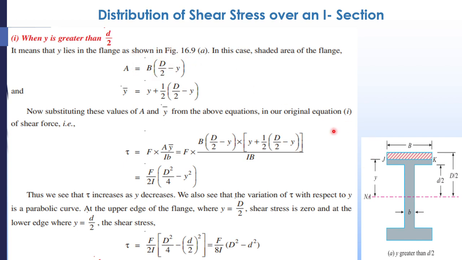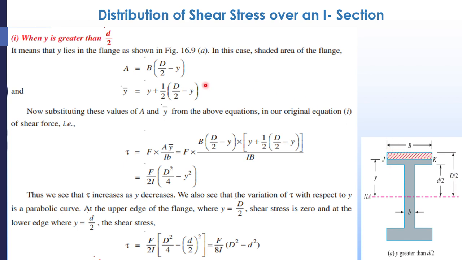That is the area. Now what is y bar? Y bar is the distance from this point to the center of this one. So up to this it is y, plus the center of this one. Center of this one means (D by 2 minus y) by 2.